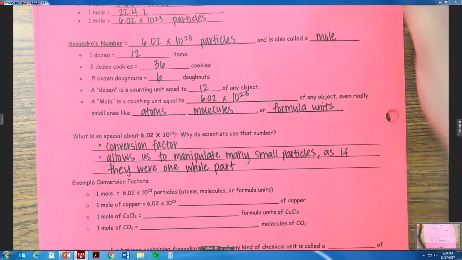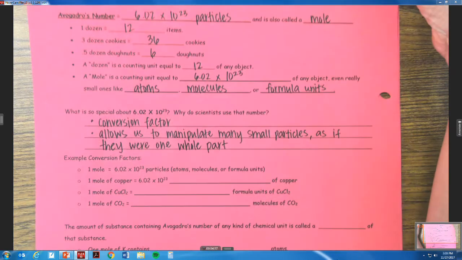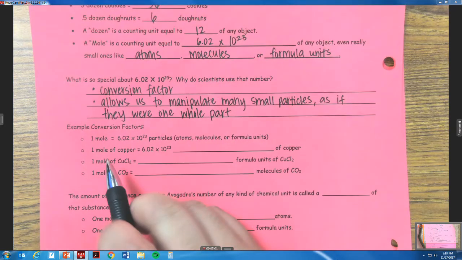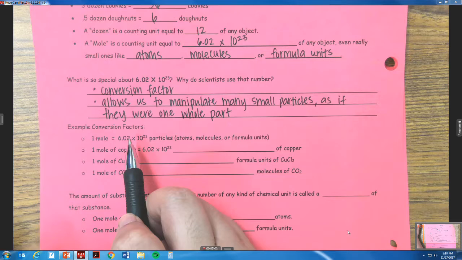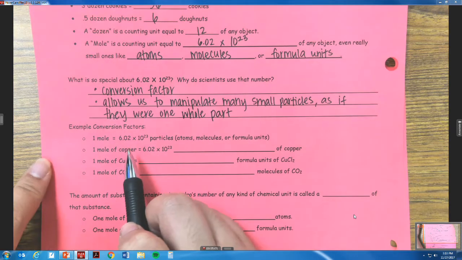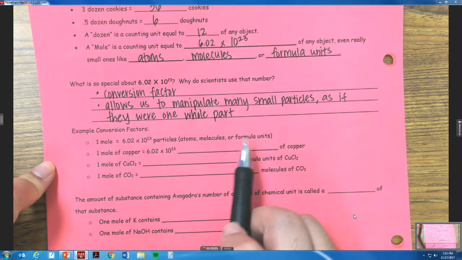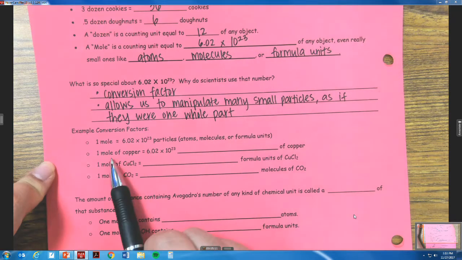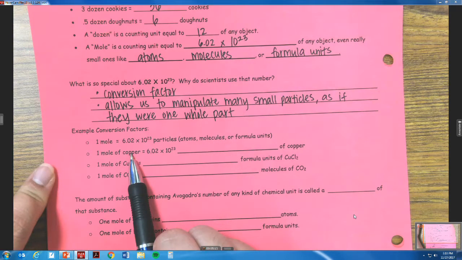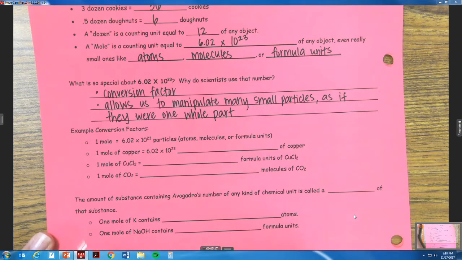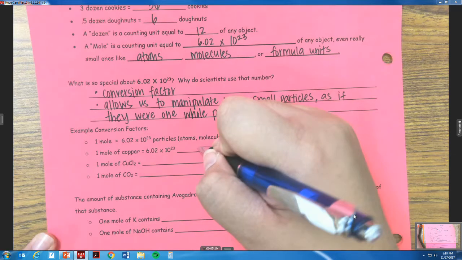So examples of conversion factors. Remember, if 1 mole equals 6.02 times 10 to the 23rd particles, and particles are atoms, molecules, or formula units, then 1 mole of copper is equivalent to 6.02 times 10 to the 23rd atoms of copper.